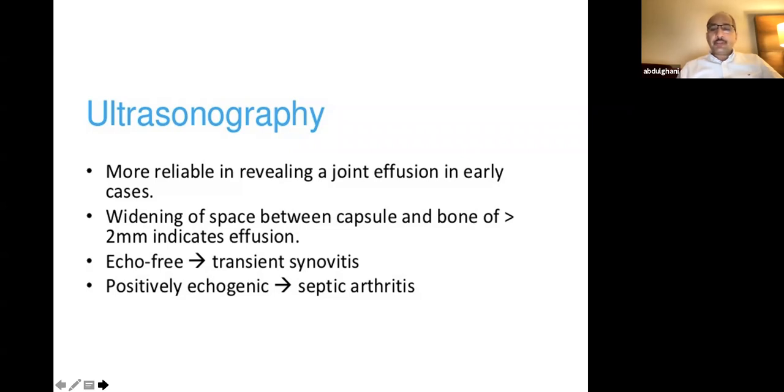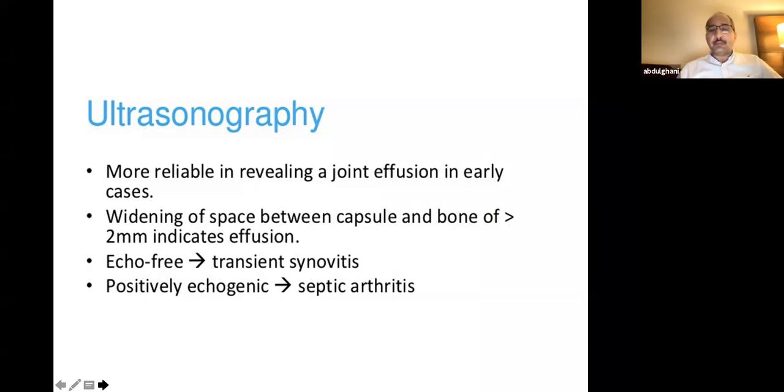The problem with ultrasonography is you need to have a good ultrasonologist. It's not just machine dependent; it is mainly the man behind the machine who is going to differentiate or pick it up. In transient synovitis, generally there won't be any echogenicity, whereas there will be positive echogenicity in case of septic arthritis. So this is very important actually.